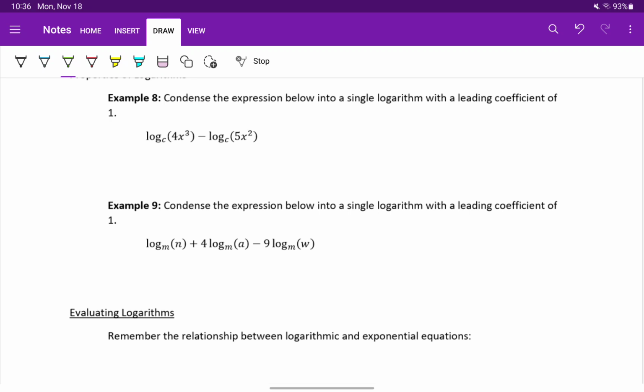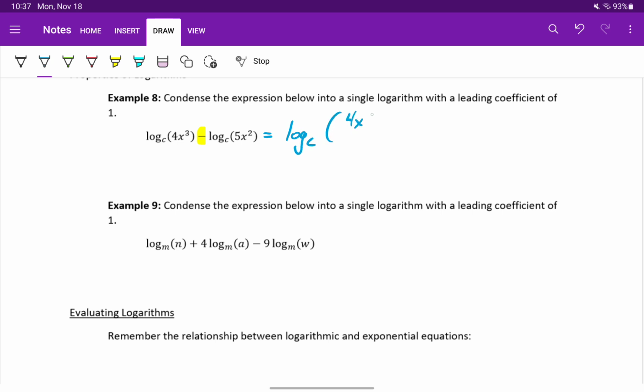In example 8, we again want to condense this into a single logarithm with a leading coefficient of 1. We have no coefficients out front, so there's nothing to worry about there. Since we're subtracting, we'll combine those expressions into a single logarithm using division.